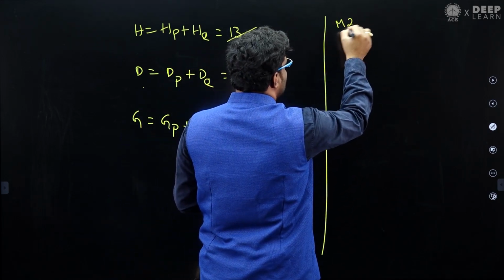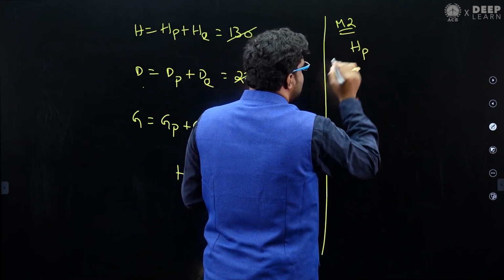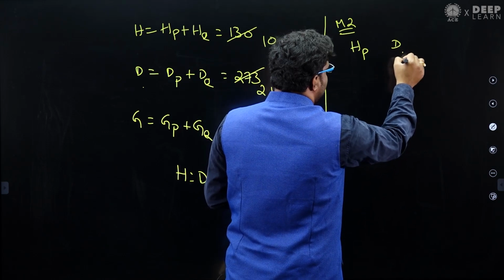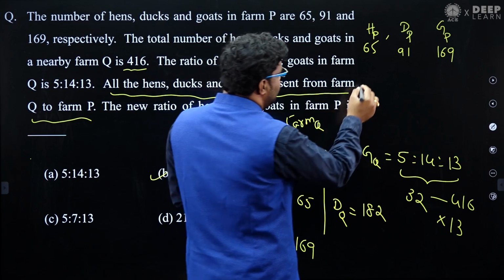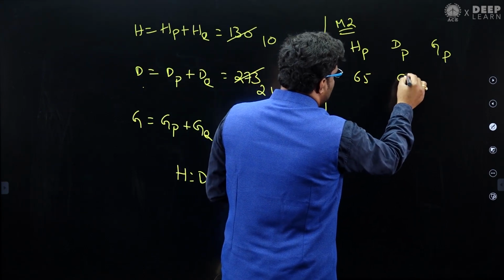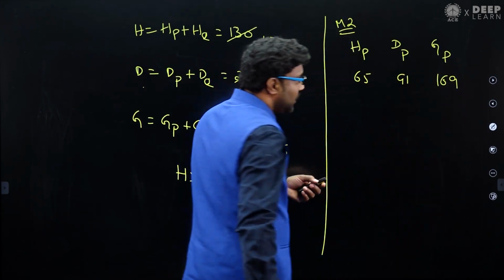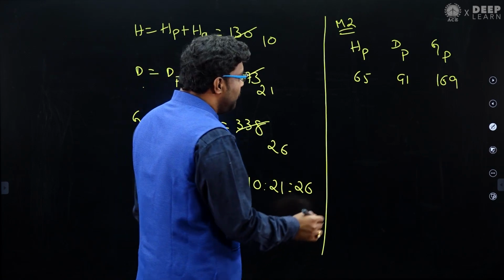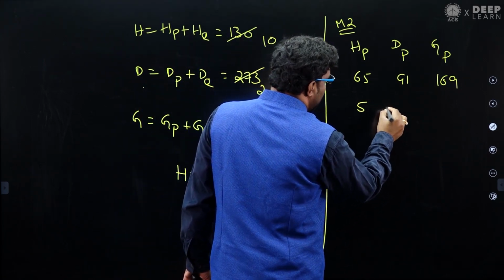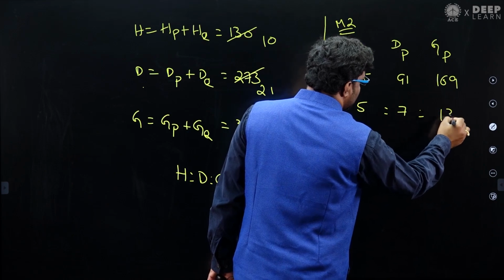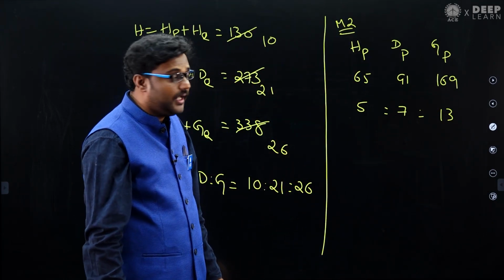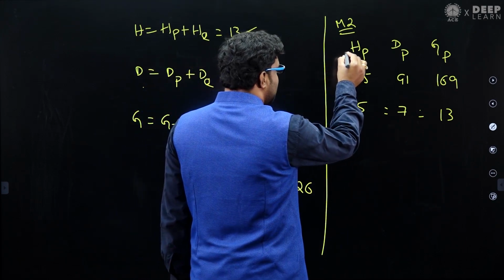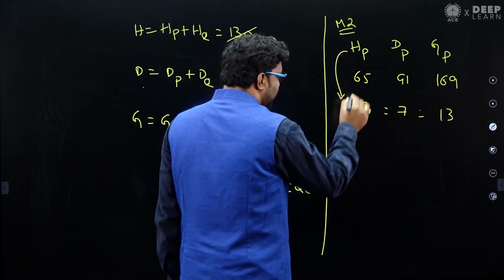Hens, ducks, goats in form P are actually 65, 91 and 169. These are all 13 multiples. If you take 13 out, this is a 5, 7 and 13 ratio. You just observe these are 5, 7 and 13.